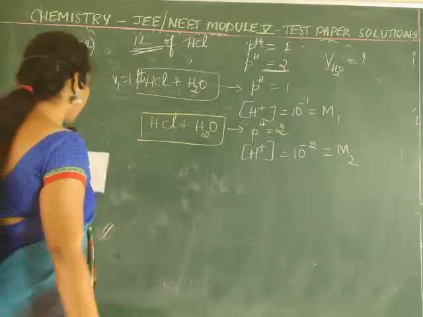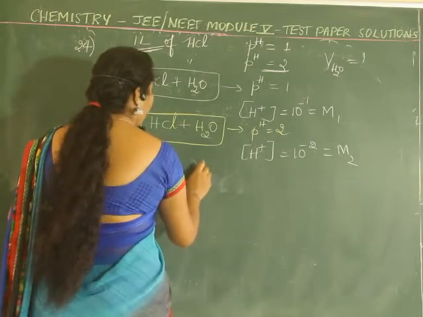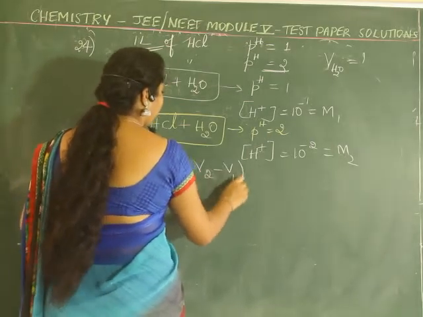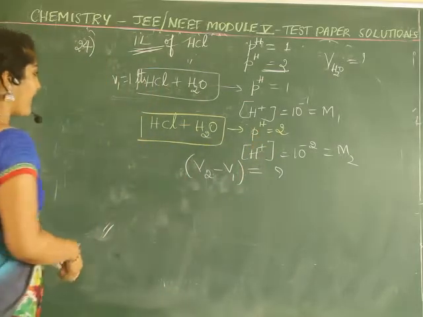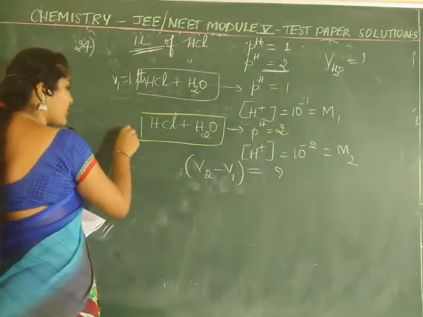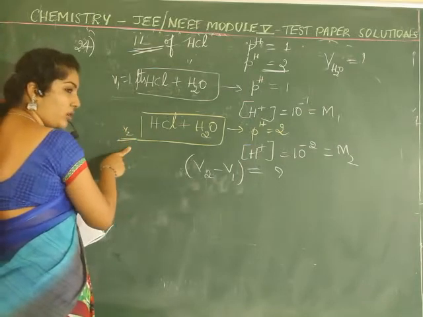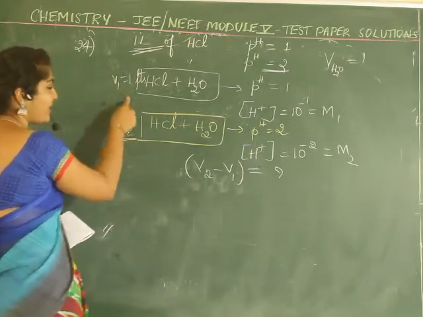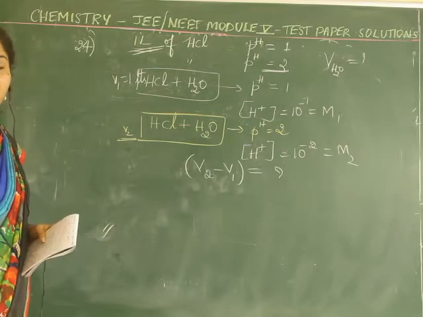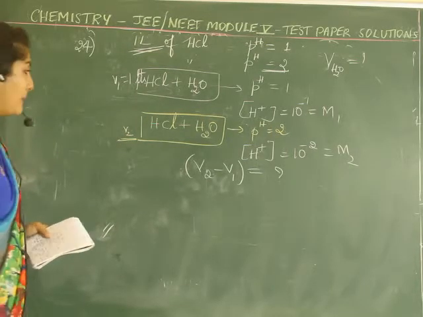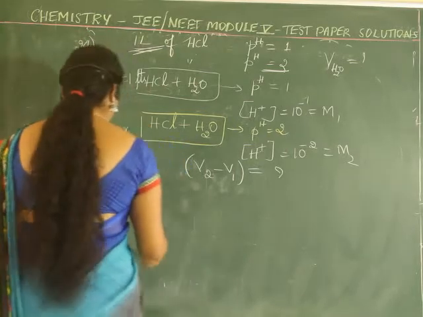So let us see, V2 minus V1 is what is asked, isn't it? We do not know the volume here. If we know it, we will subtract and find out how much volume of water is required. So V2 minus V1 is what we have to find.